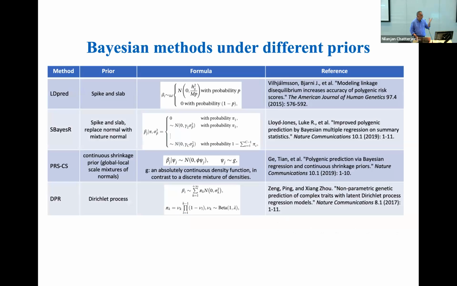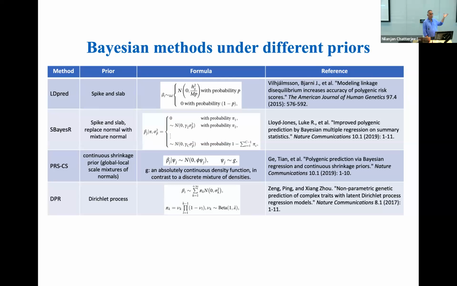Just to give a flavor of the different methods available, even in the Bayesian setup there are different methods depending on the effect size distribution or prior model they assume for the effects of the SNPs. A popular method is called LDpred. It uses a spike and slab prior, if you are familiar with the term.